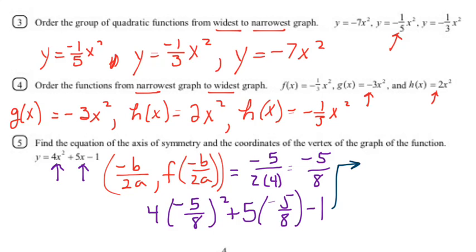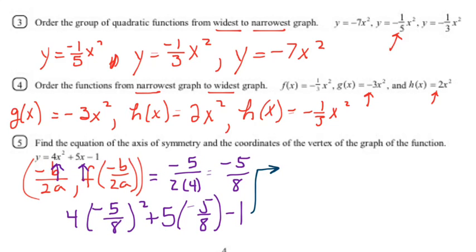That's going to give us 4 times, squaring negative 5/8, 25/64. 5 times negative 5/8 is negative 25/8 minus 1.